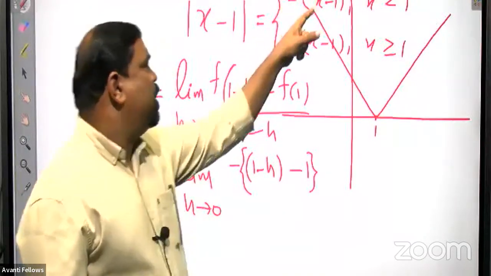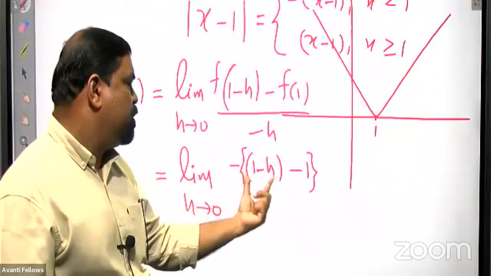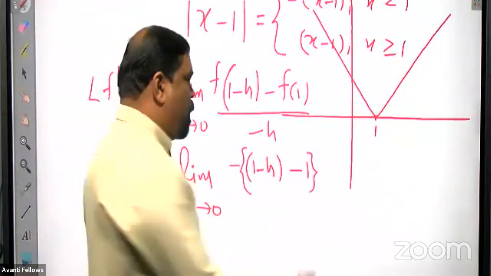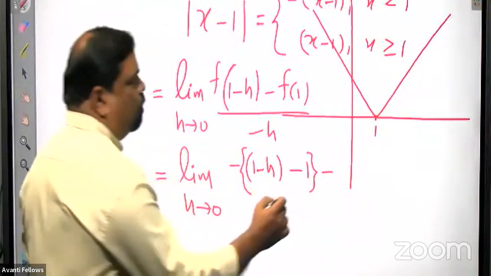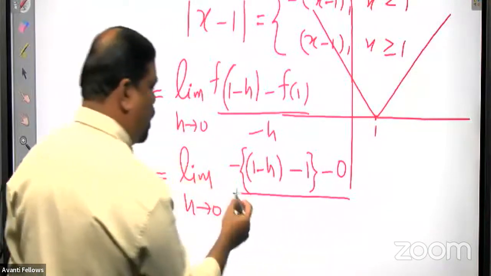In place of x, you have to write 1 minus h. That means minus of 1 minus h minus 1, minus f of 1. F of 1 means 1 minus 1, that is 0.